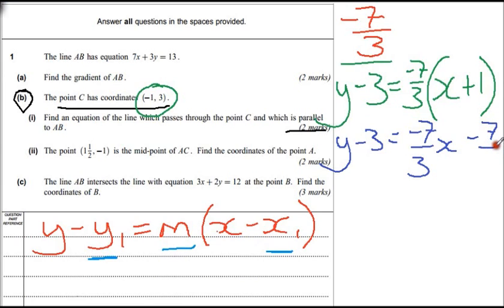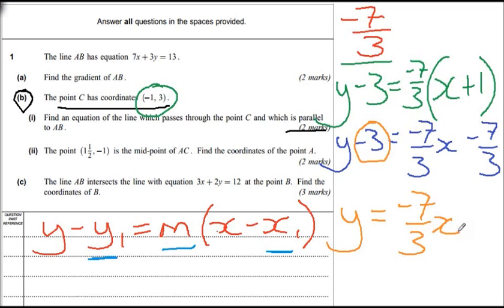That should be fairly simple. And your next step is just to add the 3 to both sides, so you get y equals minus 7 over 3 x, and then minus 7 over 3 plus 3 is plus 2/3, and that is your line.